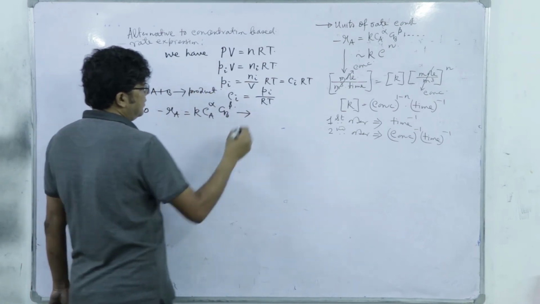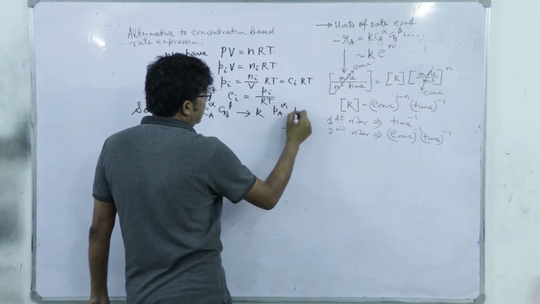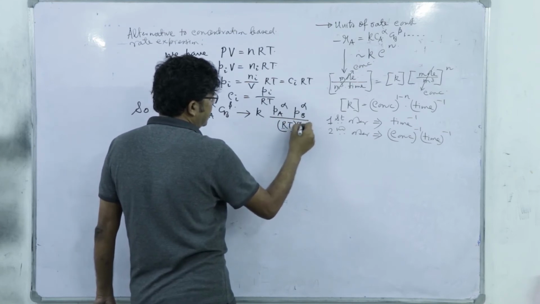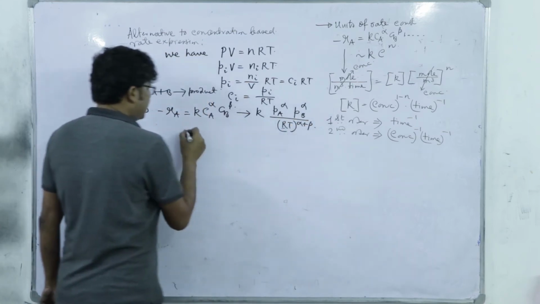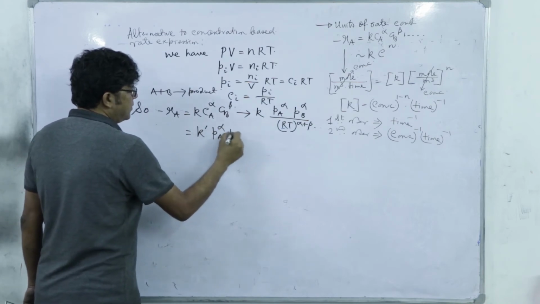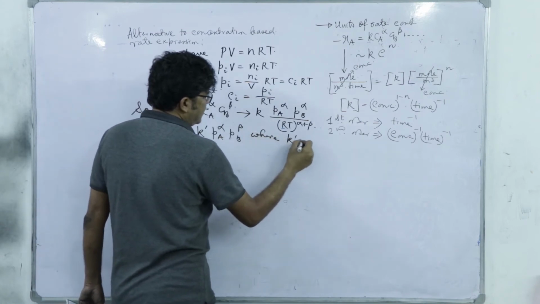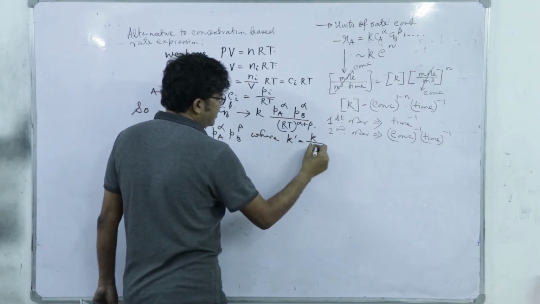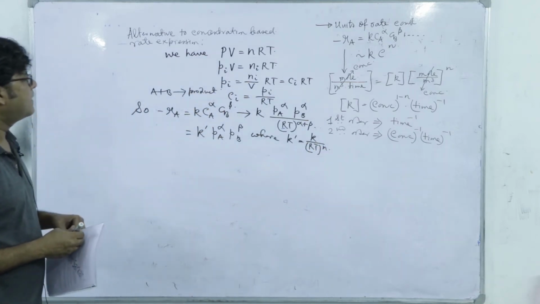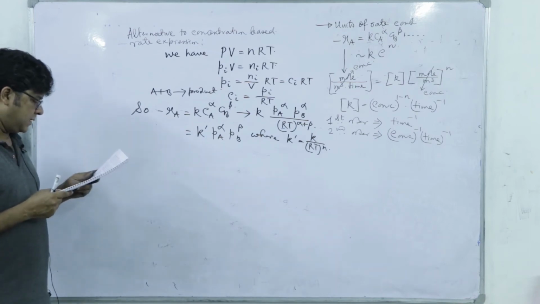So, from here we can write that k into PA to the power alpha, PB to the power beta divided by RT to the power alpha plus beta. So, this we can write as k prime into PA to the power alpha into PB to the power beta, where k prime is equal to k divided by RT to the power n, where n is the overall order of the system, right. So, we can write that.